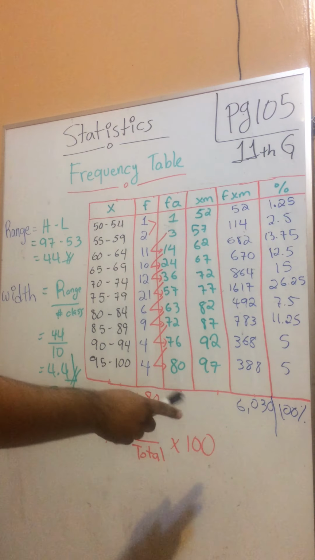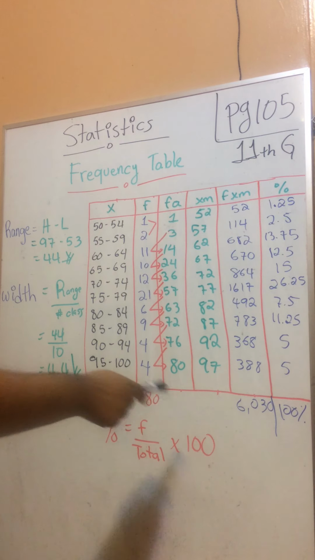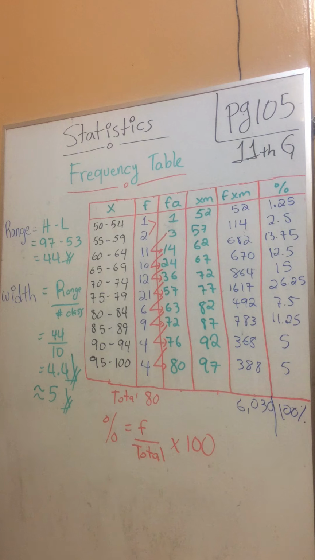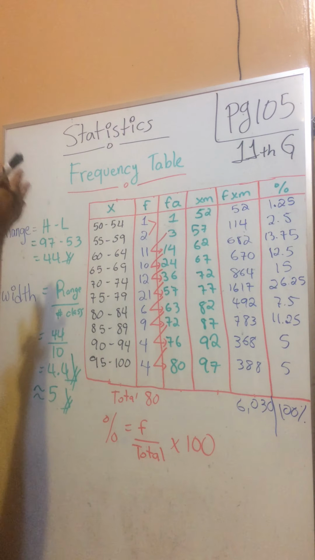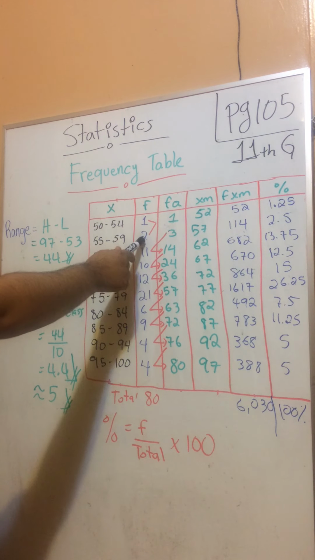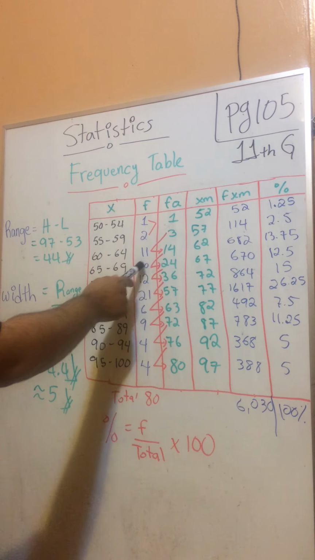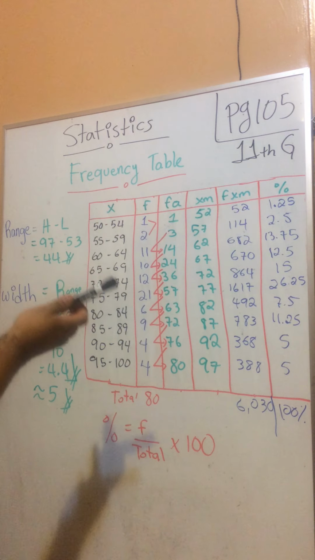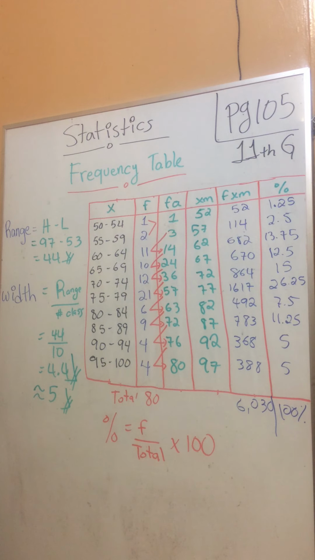Between the 80 students, they added 6,030 points. That's how we know the total amount of points accumulated between the exams. So we multiply 2 times 57, 14 times 62, 11 times 62, 10 times, and so on, as a normal formula, because we have frequency times the class mark.